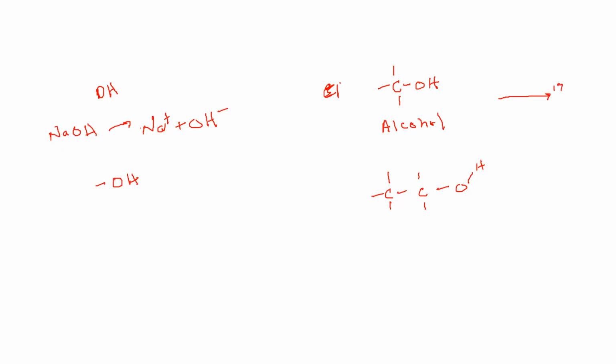Remember, group 18 does not have an electronegative value because it doesn't want to accept an extra electron. And then electronegativity decreases as we go from top to bottom because we're getting further and further from the electropositive nucleus. So it increases as we go across and decreases as we go from top to bottom on the periodic table.